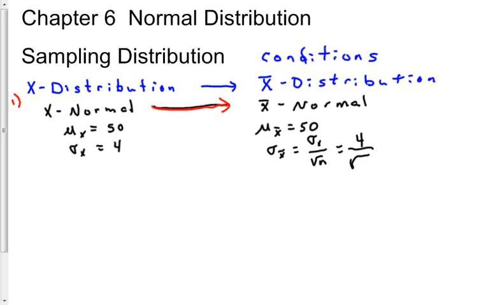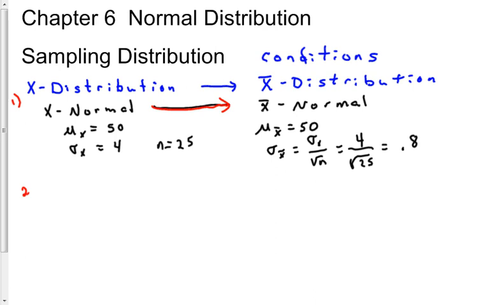We have to know what that n is to make that calculation. Let's say that it is 25. So 4 over square root of 25, that would be 4/5, which is 0.8 or 0.80. So that would be the first case scenario.